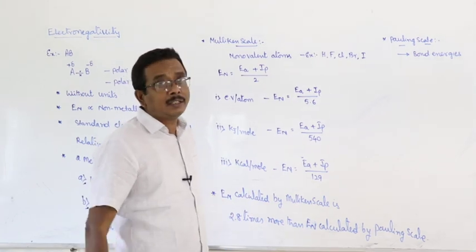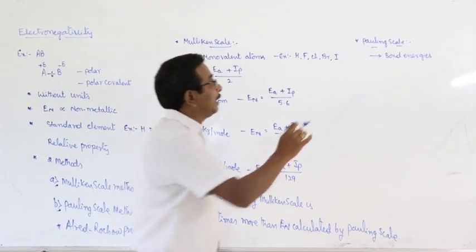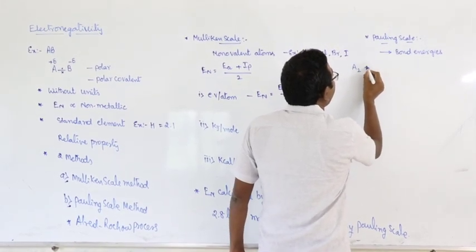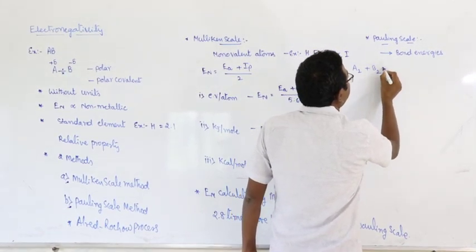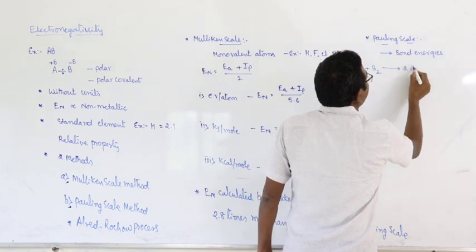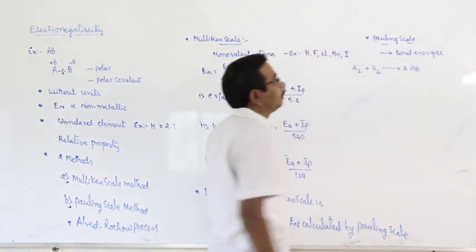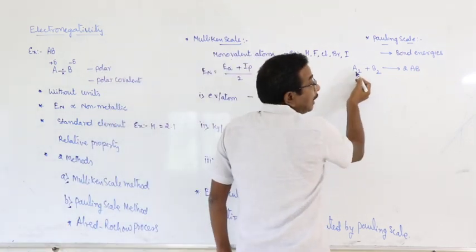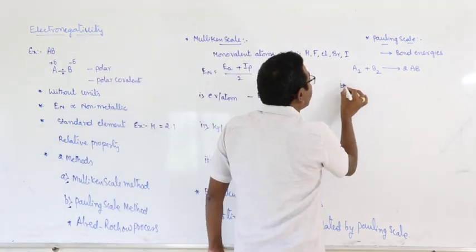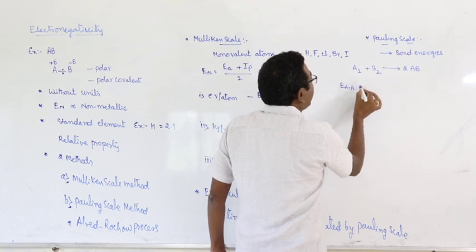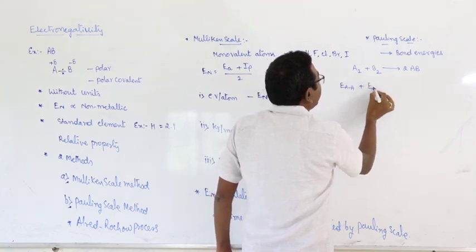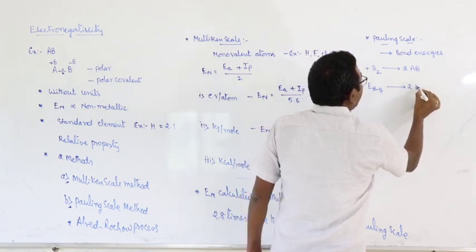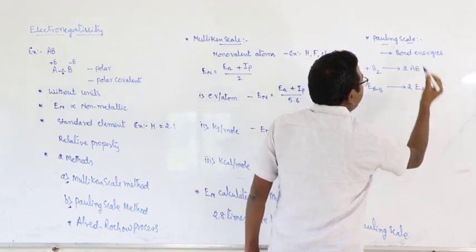How can you explain? Let us consider a reaction, that is A2 plus B2 gives rise to AB. Here energy of A2 is equal to E A dash A plus E B dash B gives rise to E A dash B.